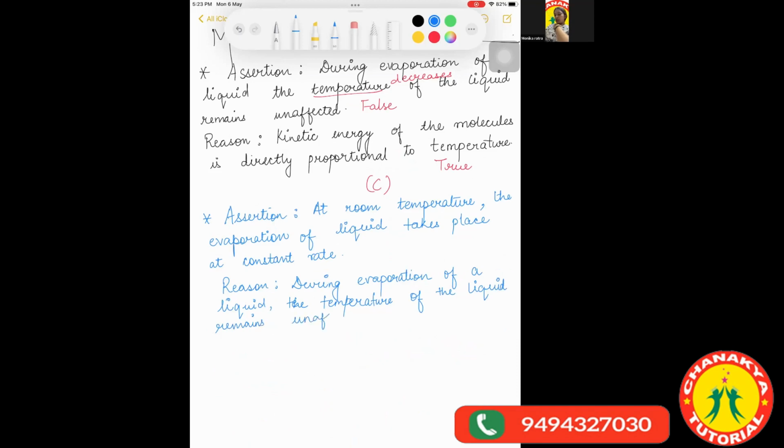So yes, Akshara, what do you think of the assertion? Ma'am, can I think for a bit and then tell you? It is saying that at room temperature, whatever is the temperature of the room, if evaporation is taking place, it occurs at a constant rate.